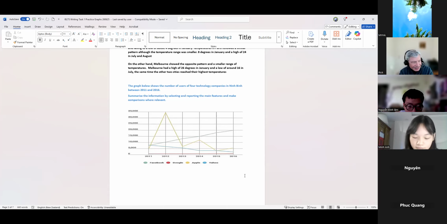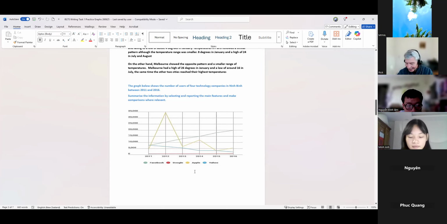Does that make sense to you now? Yes. The number of users of Google stayed the same, or remained stable is another way of saying it. Can you see that? So Facebook grew steadily. I hope you can all see that. Google users remained stable or stayed the same.